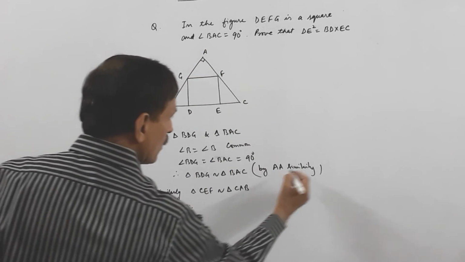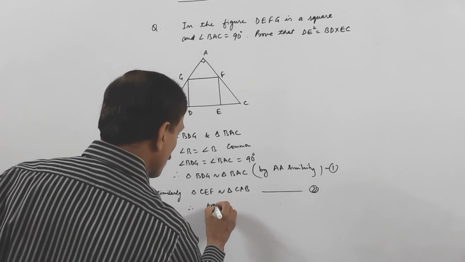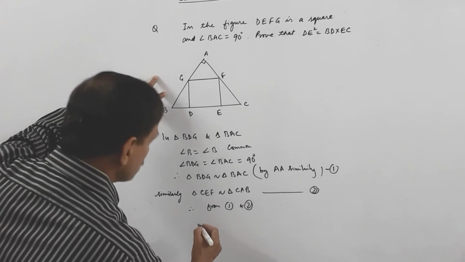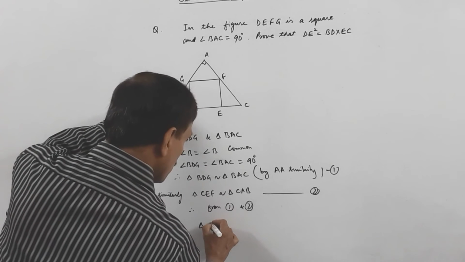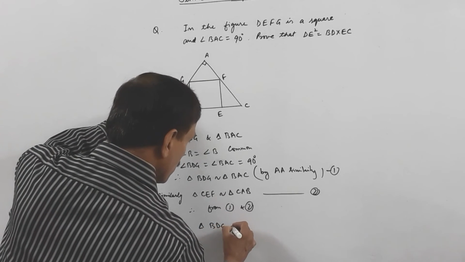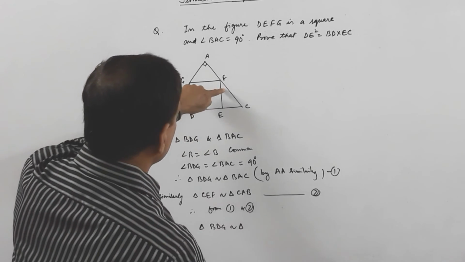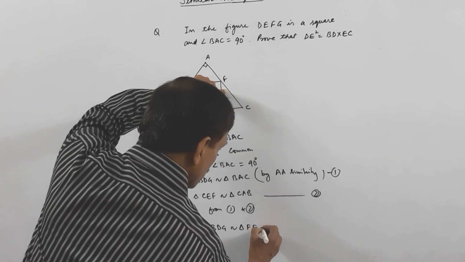Therefore, from 1 and 2, triangle BDG is similar to triangle FEC.